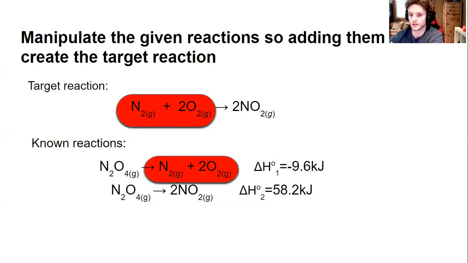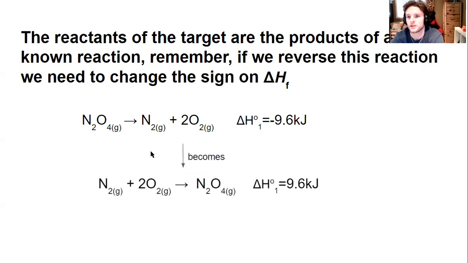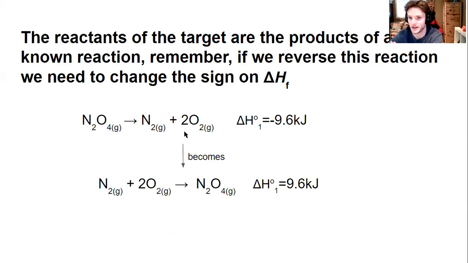So if we want our target reaction, we're going to have to flip or reverse this reaction. So we think this is going to give us the answer. So we reverse this reaction. So basically our right-hand side becomes the left-hand side, and our left-hand side becomes the right-hand side.